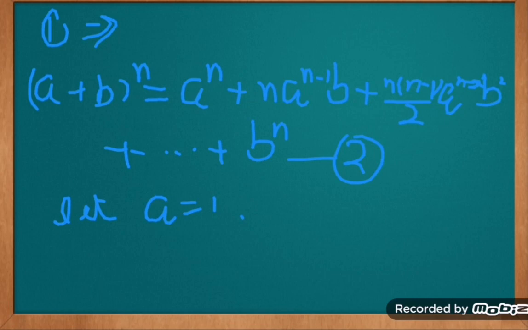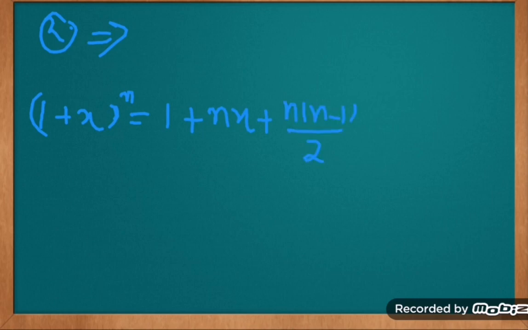Equation 2 implies (1 plus x) whole power n is equal to 1 plus nx plus n into (n minus 1) divided by 2 x square plus, and so on, and the last term becomes x power n.